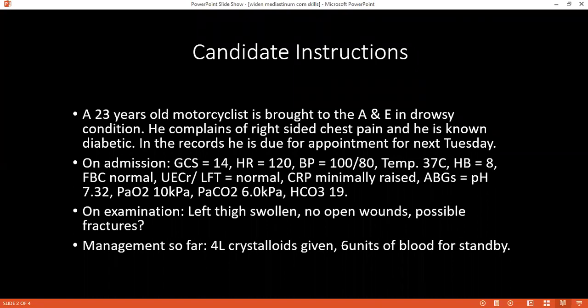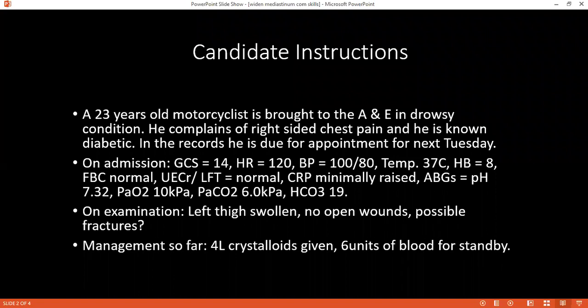Okay, 23 years old male who's been diabetic and has been in an RTA on a motorcycle. On examination, his GCS is 14 and his blood pressure is 80 systolic and his heart rate is 120. Chest X-ray was done and has shown widened mediastinum with pleural effusion.